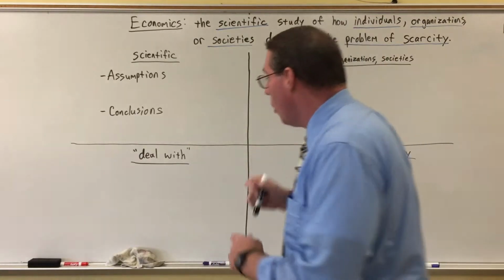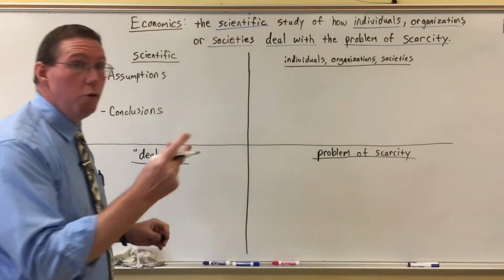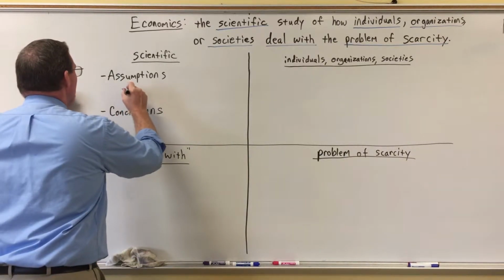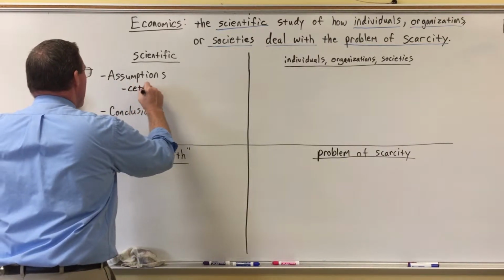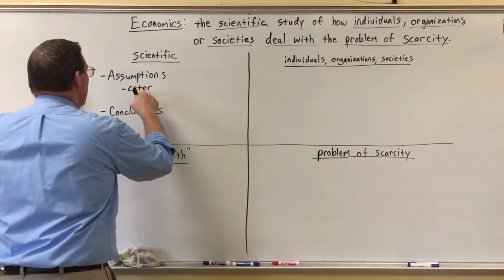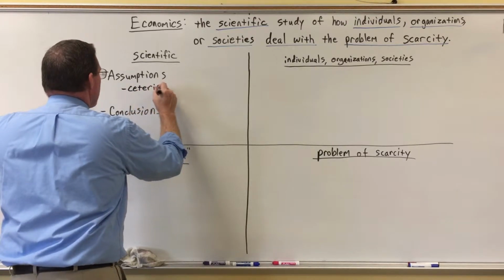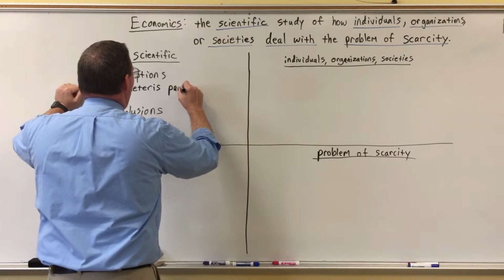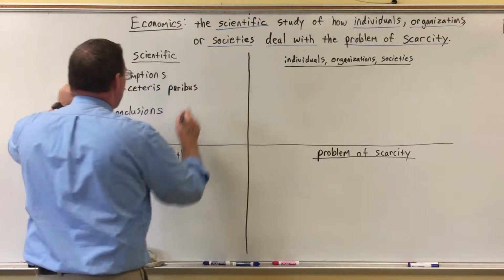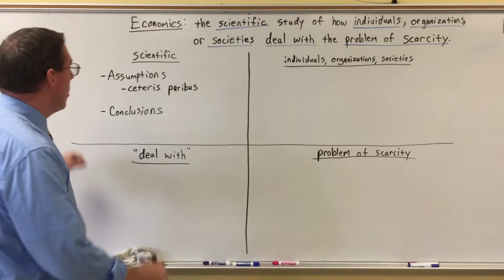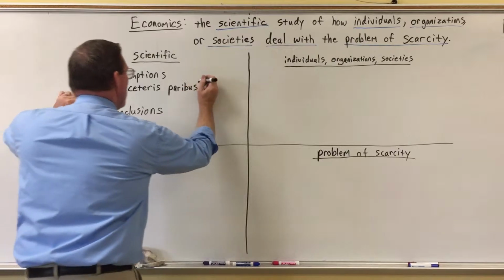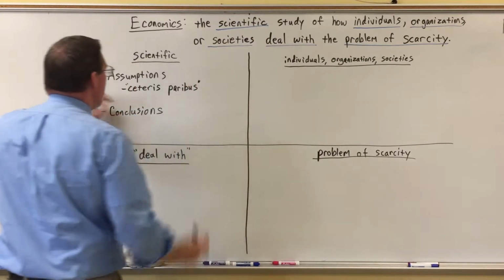All right, so I'm going to give you two basic assumptions in economics. The first one is called the Ceteris, that's C-E-T-E-R-I-S, Paribus, that's P-A-R-I-B-U-S. That's the Ceteris Paribus assumption. I'm going to put quote marks around it. What does Ceteris Paribus mean?